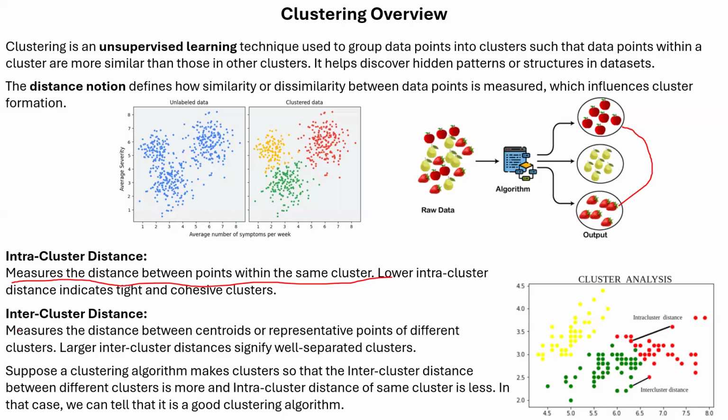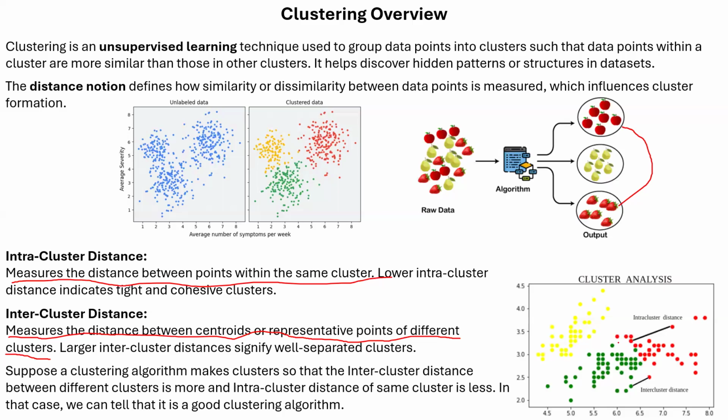Okay, inter-cluster distance measures the distance between the centroids or representative points of different clusters. Okay, that is called inter-cluster distances. So representative points can be the edge of a cluster, or the centroid of a cluster; you can take any point as a representative for the cluster.